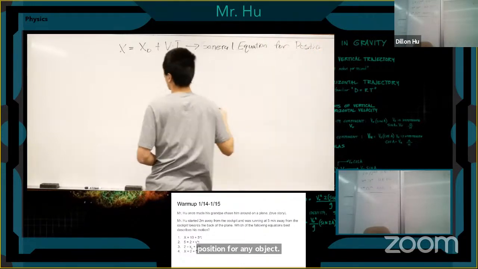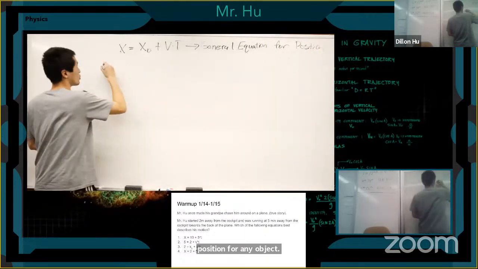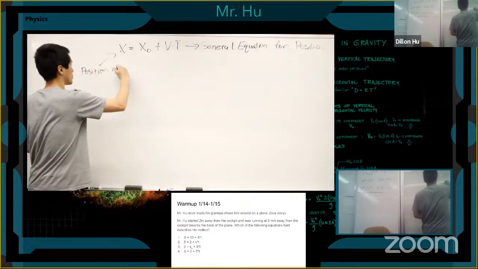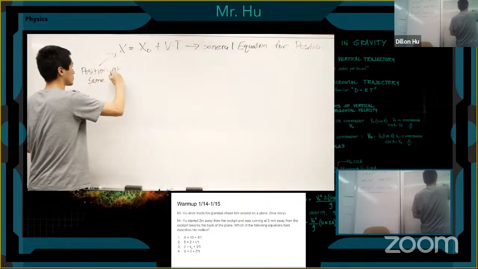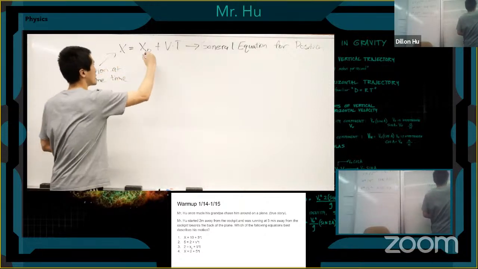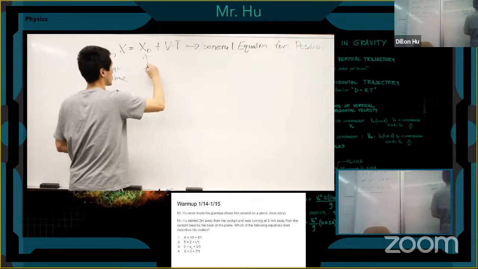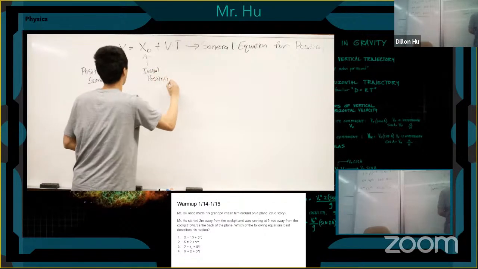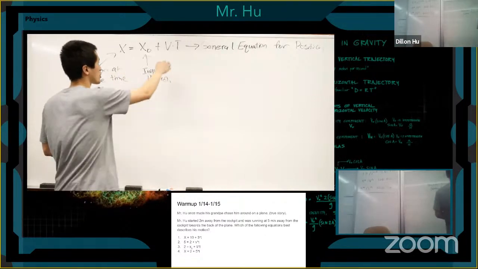The equation says that our final position, our position at some point, is our initial position, plus how much we move.